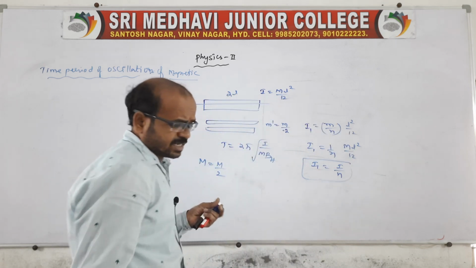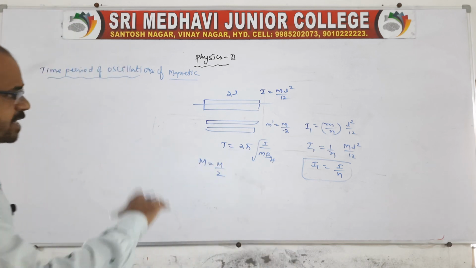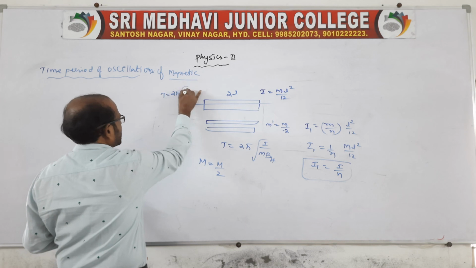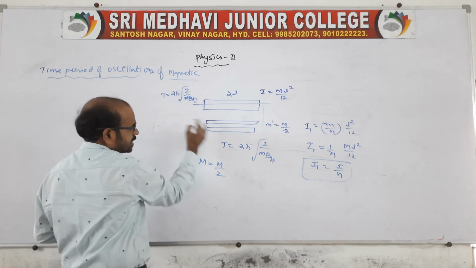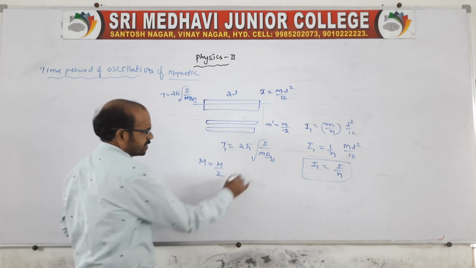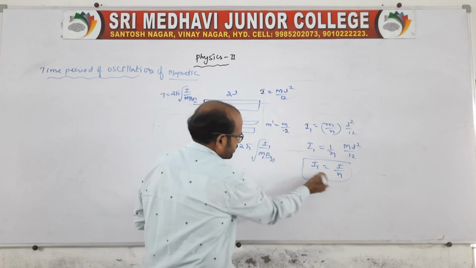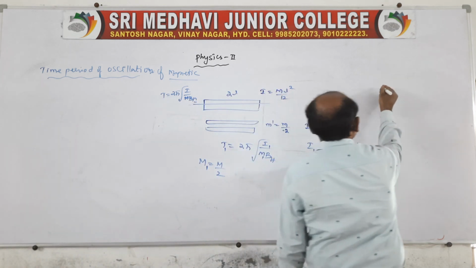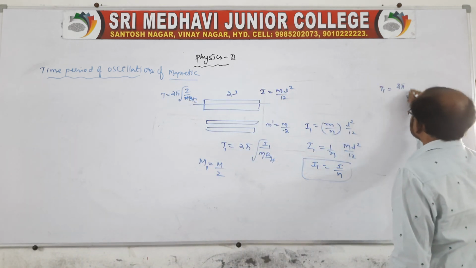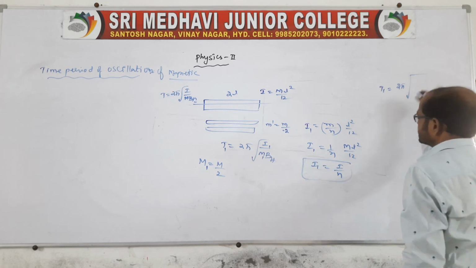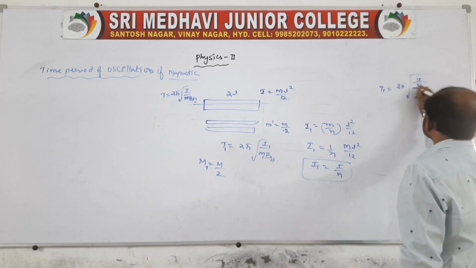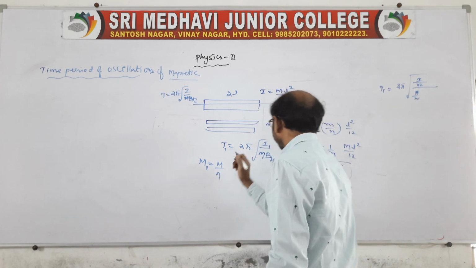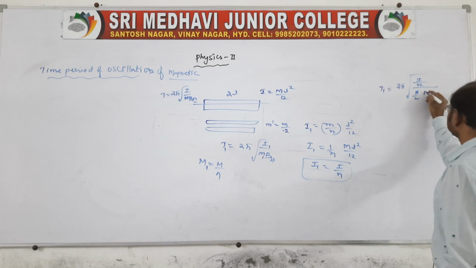When it is divided into n equal pieces, what will happen to the time period? The time period of the original magnet is T equal to 2 pi into root over I by M BH. Now when it is divided, call it T1, with M1 and I1. Substituting these values, the time period is 2 pi into root over I1, which is I by n, and M1, which will be M by n, into BH.